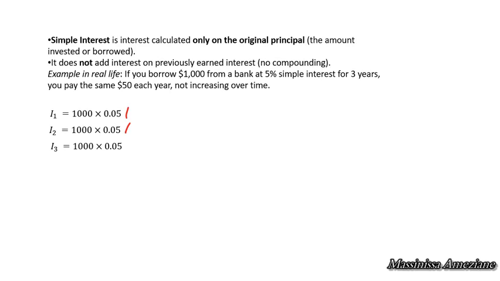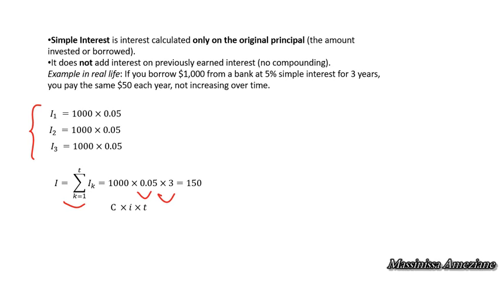So here we can find the total of all the interest, which is the original amount times the interest rate times the number of years or number of periods. So in the end we get 150 as the interest.